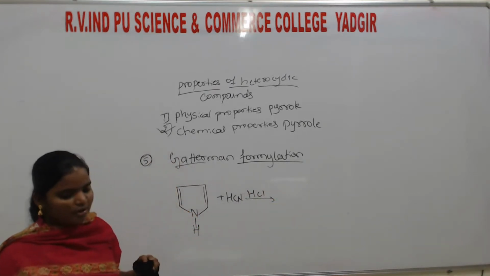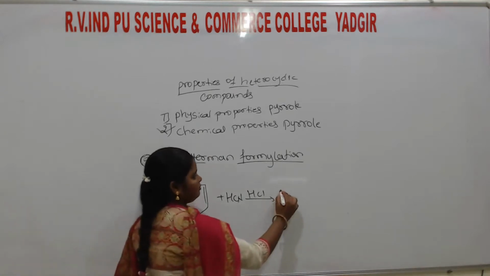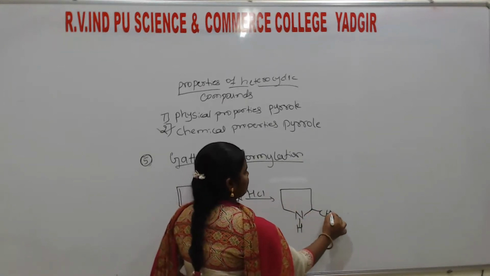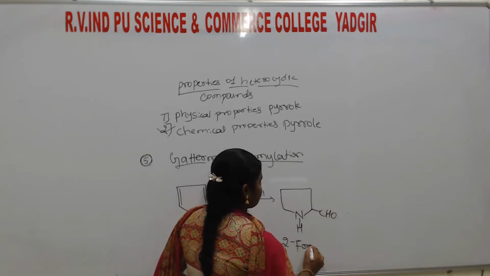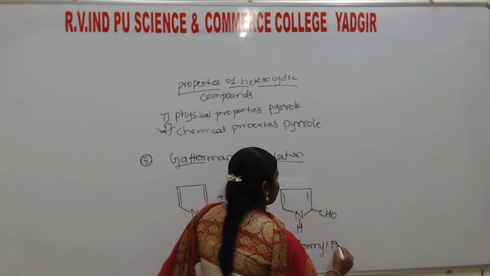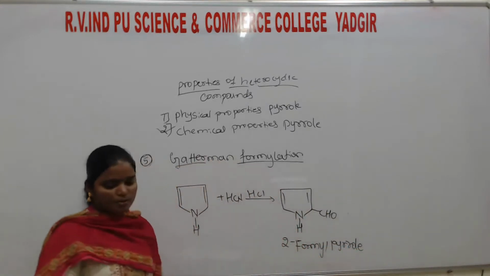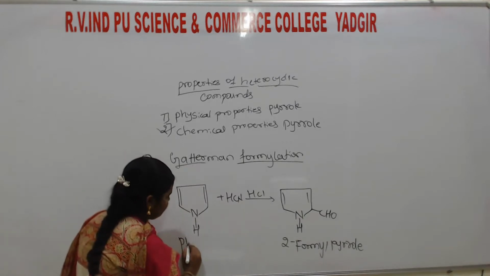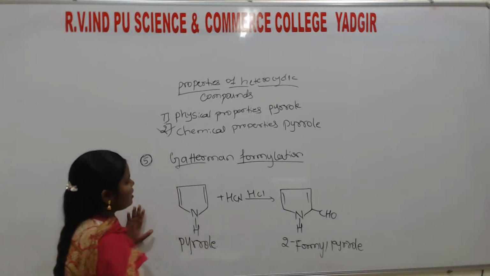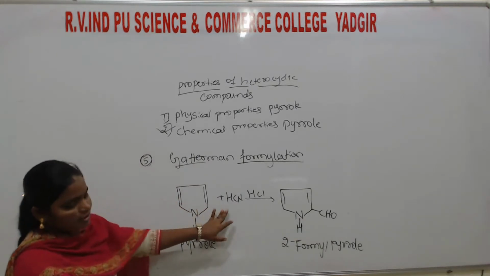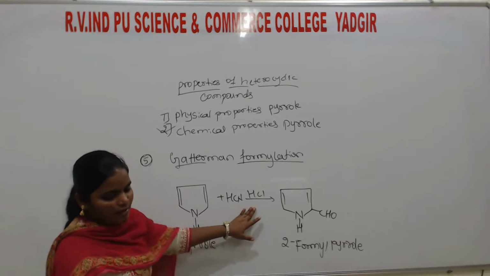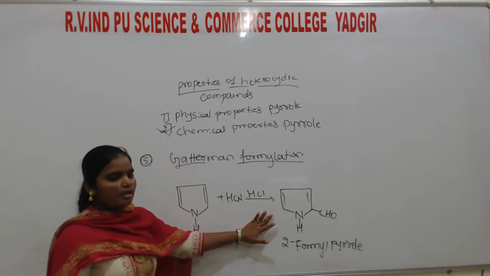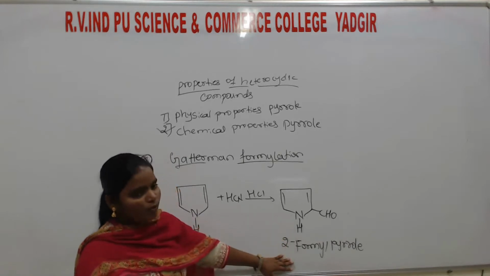The formation is 2-formylpyrrole. You write the explanation: pyrrole is treated with hydrogen cyanide in hydrogen chloride, and it undergoes substitution reaction to give 2-formylpyrrole.